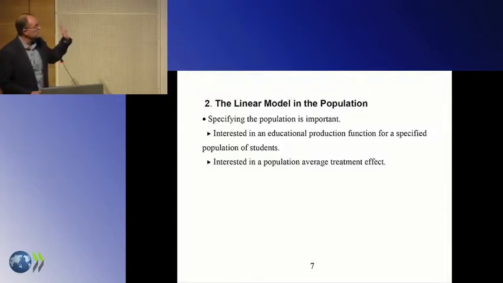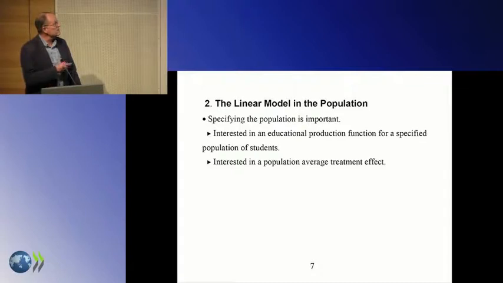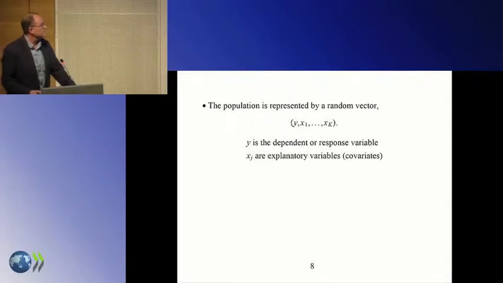Okay, but before we get to any sampling scheme, I want to just talk about features of a linear model in a population. Okay, so we're interested in things like an educational production function where we have specified the population of students, or again, we have to be careful about specifying a population for average treatment effects.